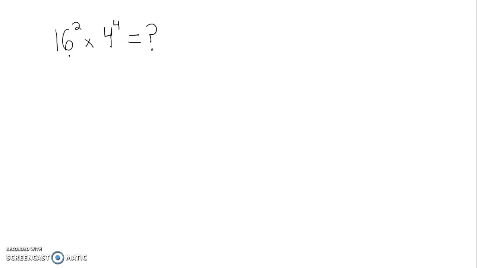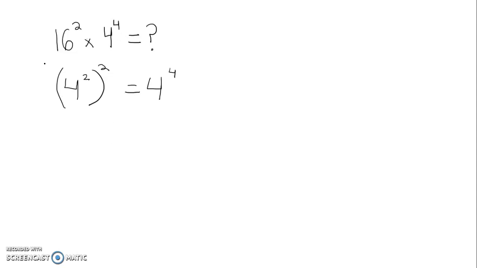Now, however, we know that 16 is equal to 4 squared. So maybe we could replace 16 with 4 squared and then to the 2nd power. Now, in an earlier property we said that if you have a base and then 2 exponents that you're multiplying, you can just keep the base and multiply the exponents, which is equal to 4 to the 4.